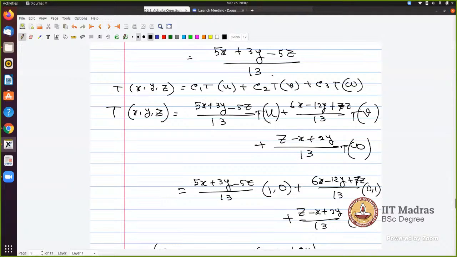If you assign some images for each basis element, you are starting with a basis for your domain, right? We are applying the transformation to the basis, right?